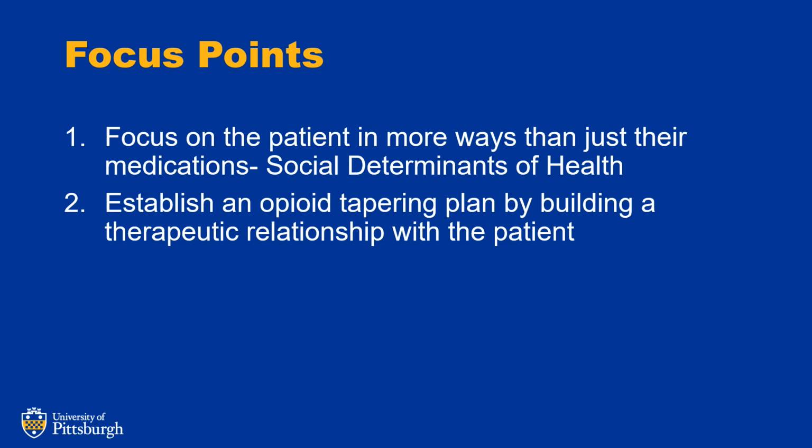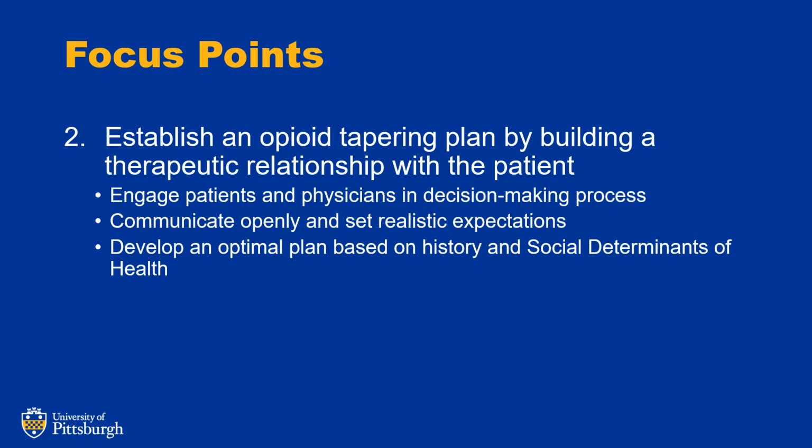Let's move on to our second focus point this month, establishing an opioid tapering plan by building a therapeutic relationship with the patient. This month, there is a huge emphasis on cultivating the therapeutic relationship with the patient. We all know conversations around opioid medications are not easy conversations to have, but it is the right of the patient and the responsibility of the pharmacist.